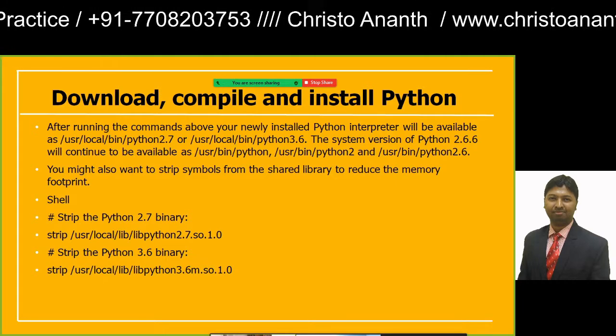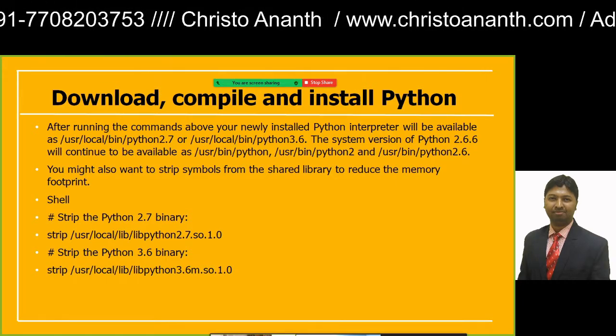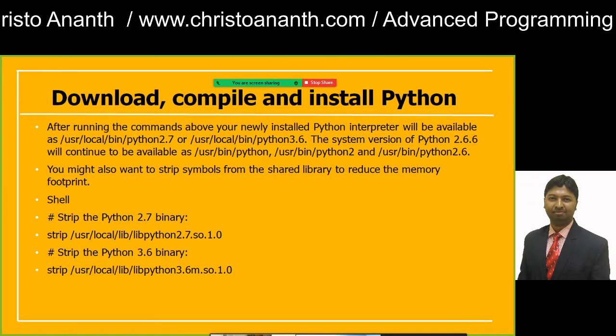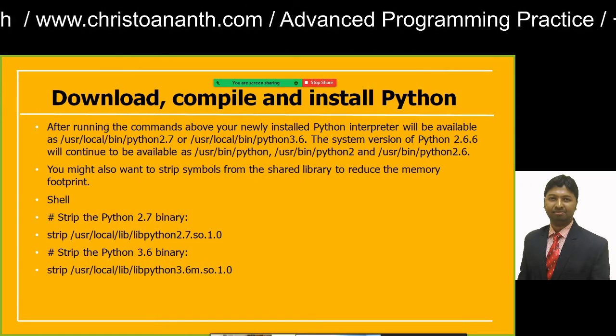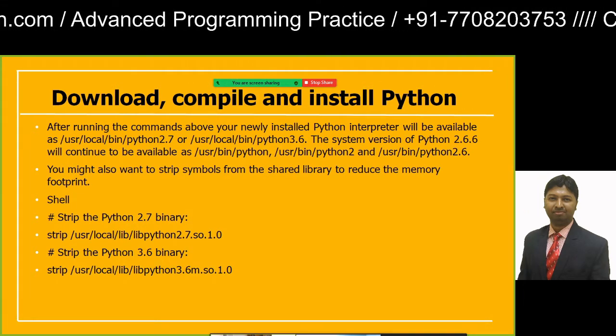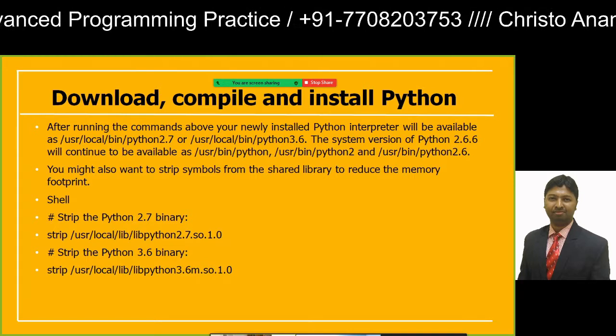After you strip the 2.7 binary, you can go for stripping the 3.6 binary. So these are some of the commands that you should use in order to download, compile, and install the Python version correctly.